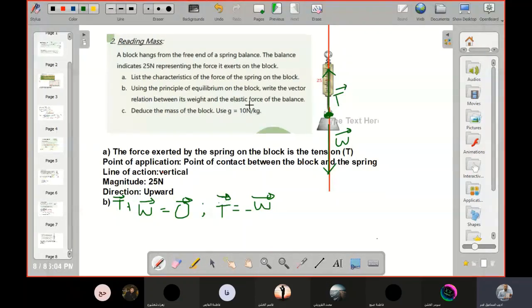Elastic force means the tension and weight means W. Vector relation: T plus W vectors equal 0 vector and T vector equal minus W vector.